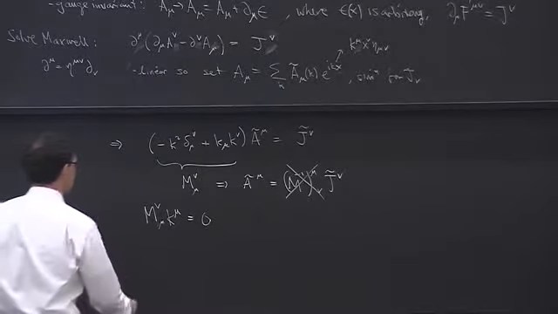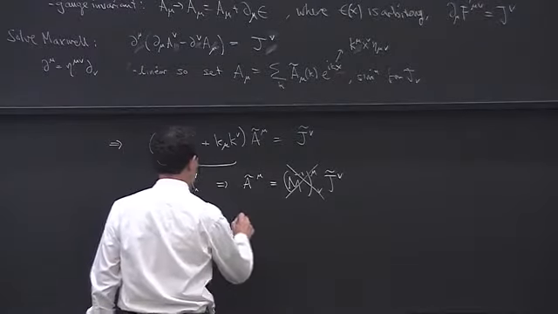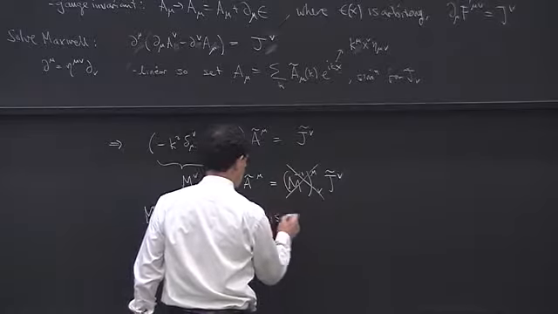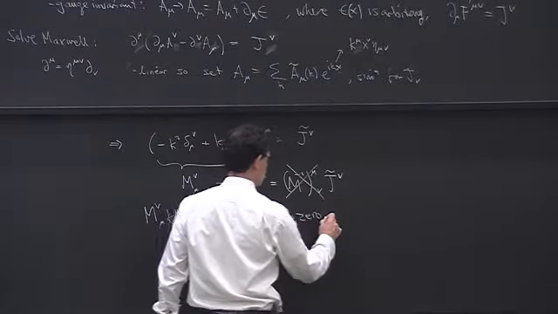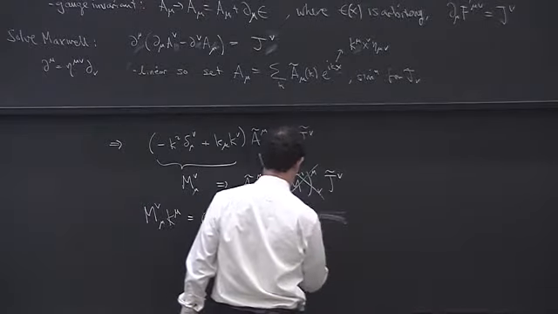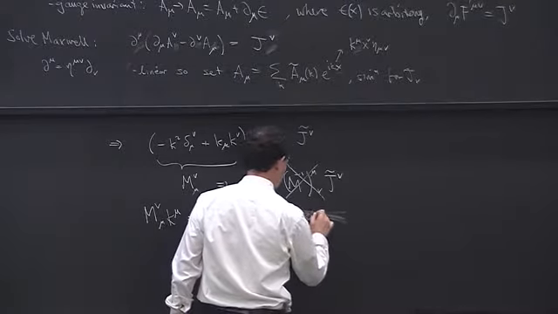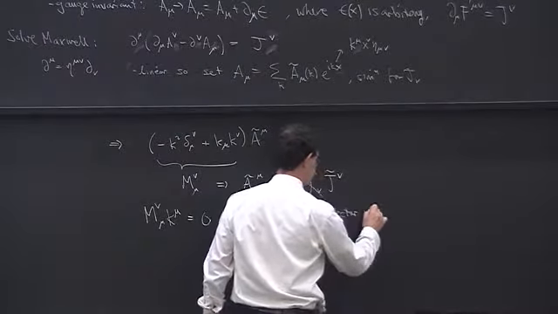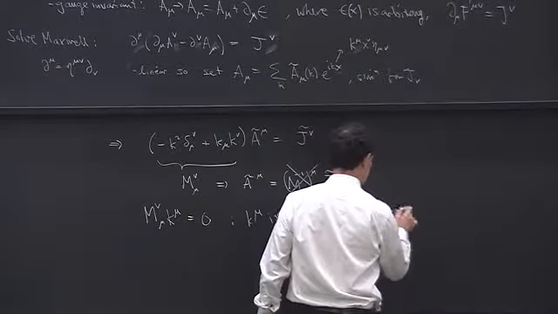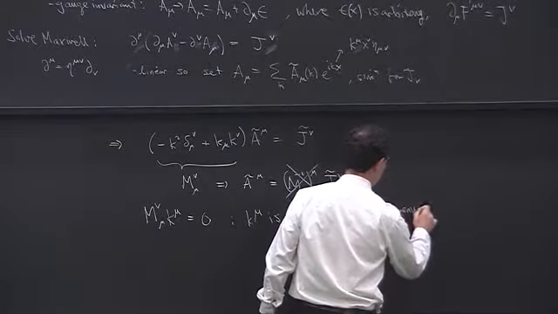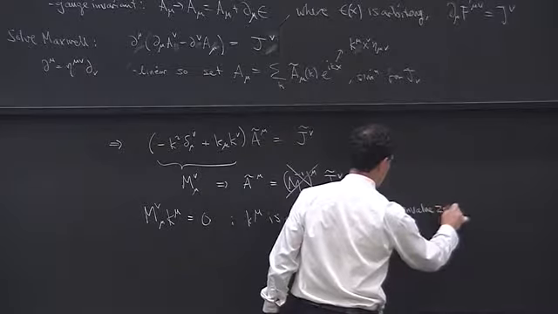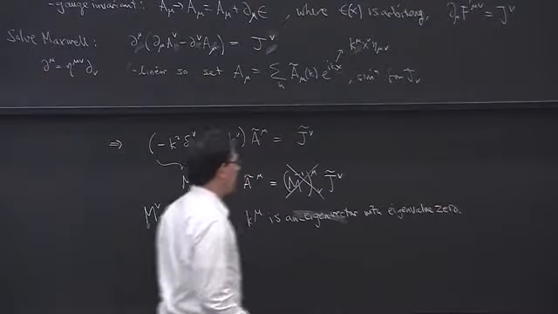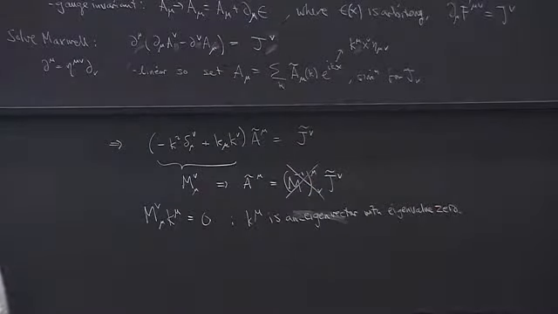So k mu is an eigenvector with eigenvalue 0. So it follows that M mu nu has one eigenvalue equal to 0, and that means it's not invertible.